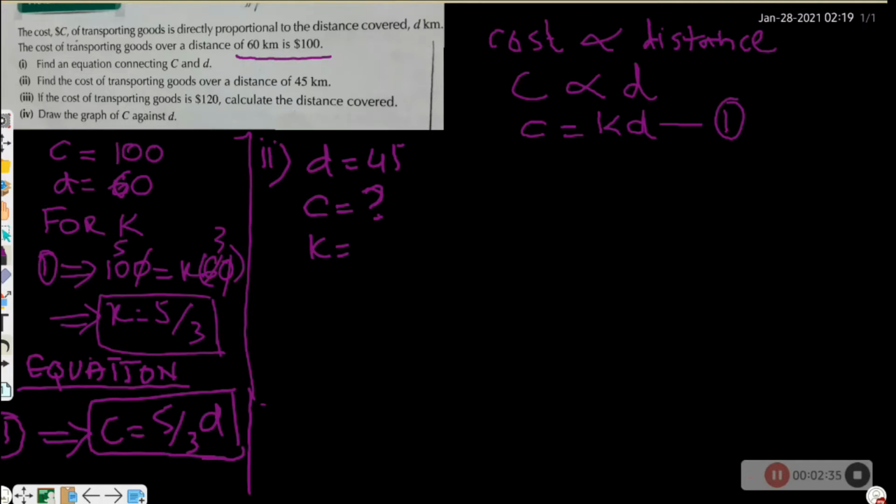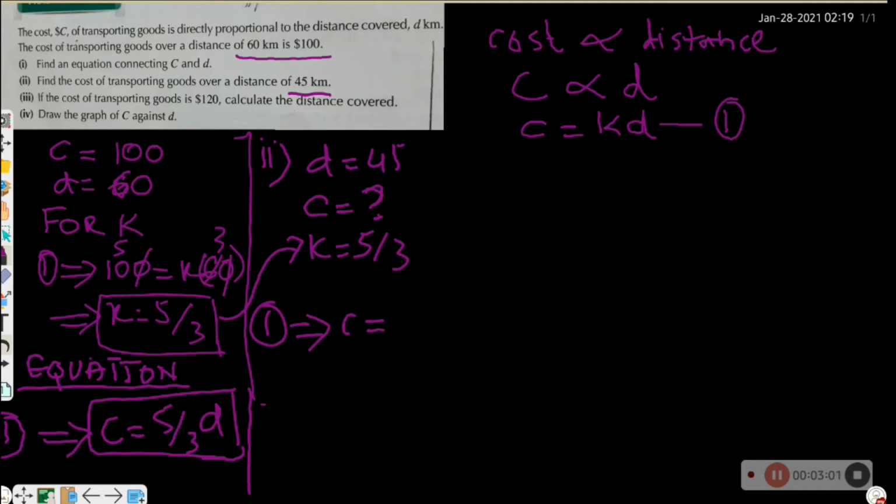Question part 2, find the cost. That means we have to find out C when the cost of transporting goods is over the distance of 45 kilometers. So D is 45 here, and we know our rate is 5 upon 3. So let's put the values again.